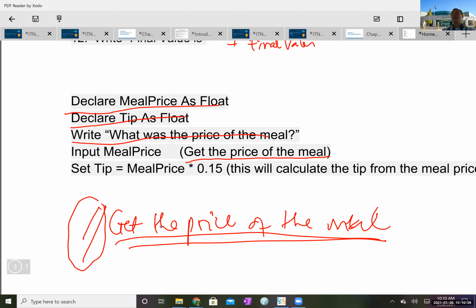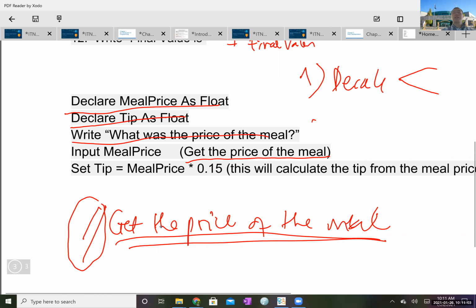So we also have to identify the data type of the variable here. It can be integer, string, character, float, or something like that. So the first step is always declare variable, and to know which are the variables, you figure out the output and input here.